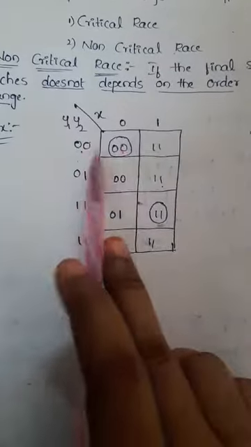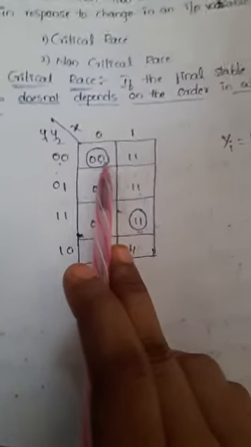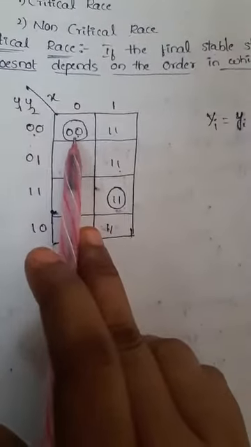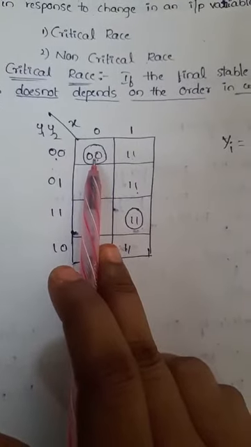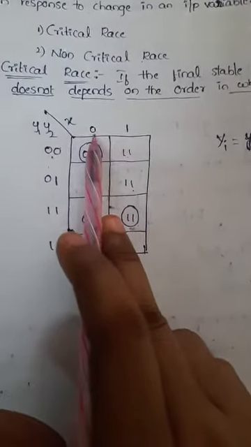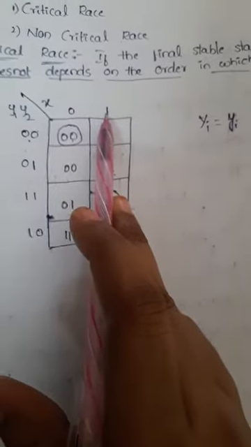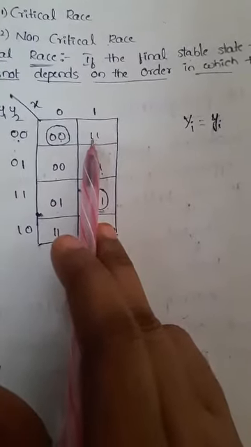First of all, we have the stable state in the first row, that is 0 0, right? For this 0 0 stable condition, when the input changes from 0 to 1, we get the condition 1 1.